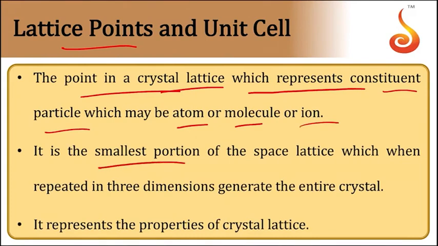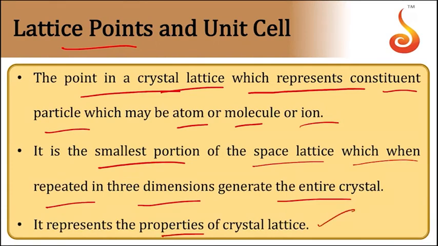The smallest portion of the space lattice which, when repeated in three dimensions, generates the entire crystal is the unit cell, and it represents the properties of the space lattice. This is regarding the basic fundamental definitions.